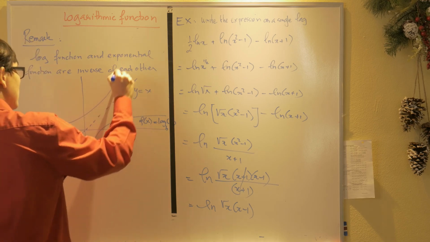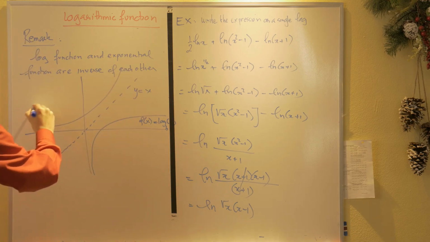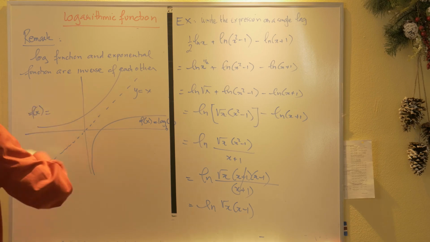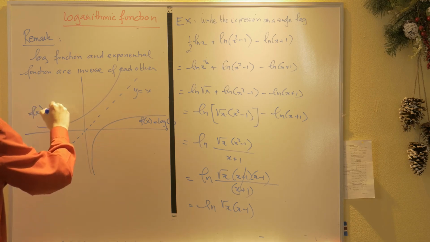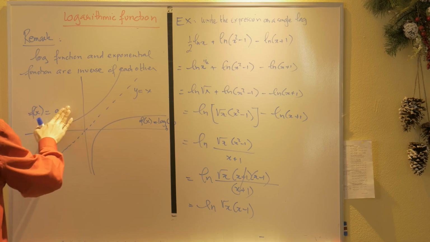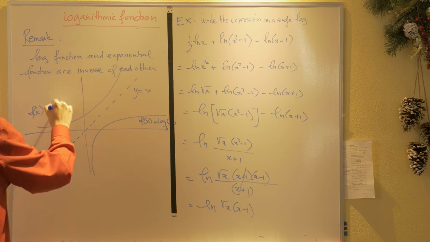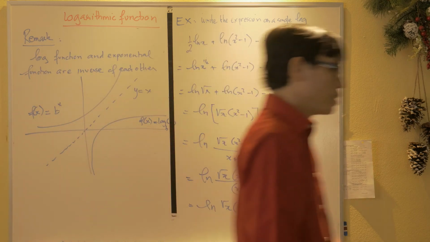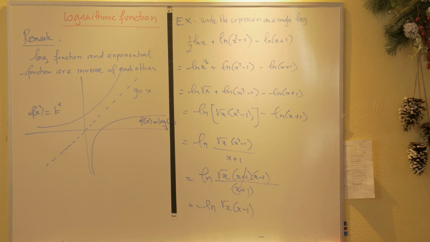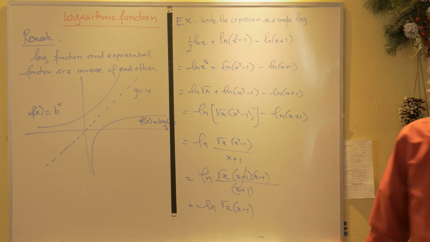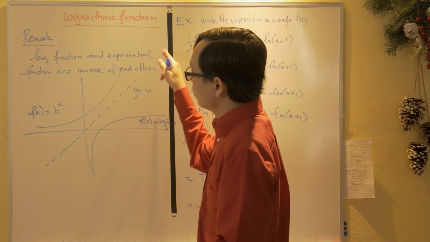So this is f of x equals b to the x. Because they are inverses of each other, they are symmetric about the line y equals x.